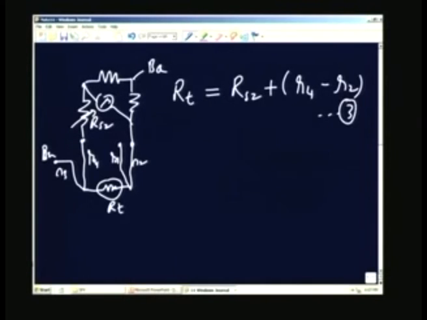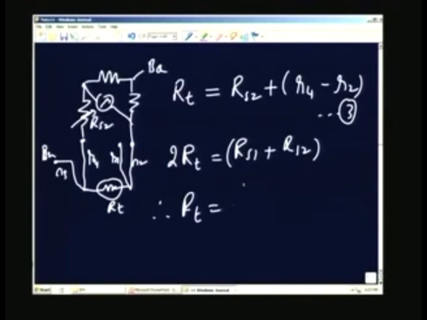So, the second case is equation 3. If I take the sum of these two, 2RT equal to RS1 plus RS2, these two, R4 minus R2 here and R2 minus R4, are going to cancel, and therefore, RT equal to RS1 plus RS2 divided by 2.